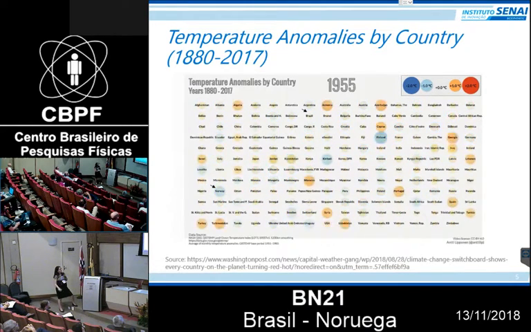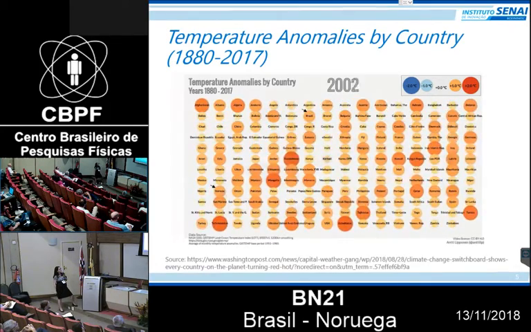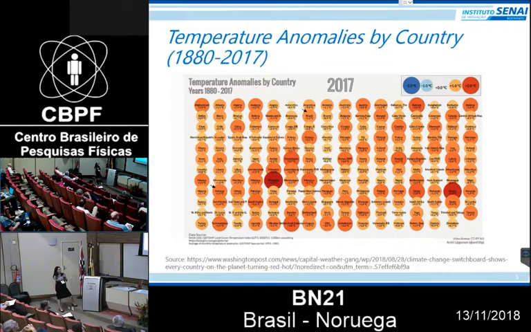And you can see as the years pass, the countries are getting higher temperatures. Orange and red, you can see 1 and 2 degrees above average. It's, I would say, somehow scary, isn't it?